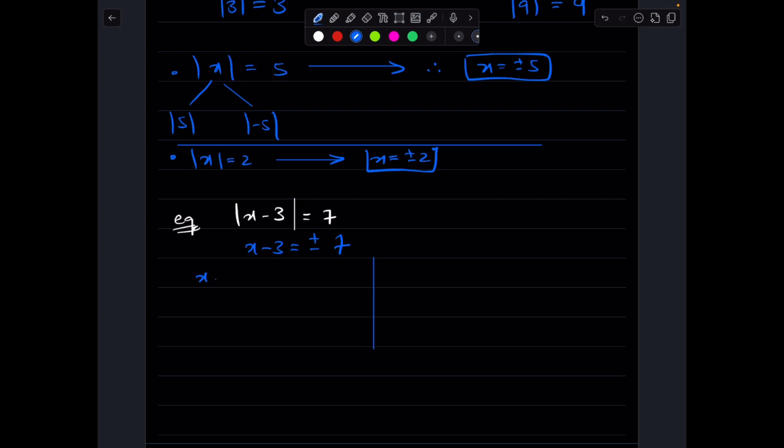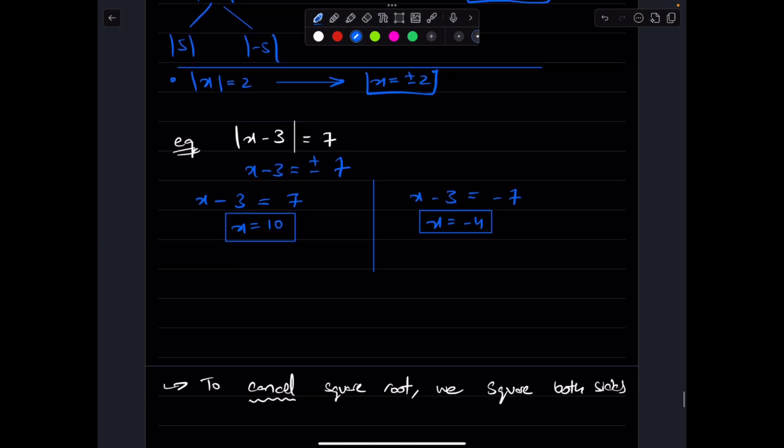The first equation will be x minus 3 equals 7, and the second equation will be x minus 3 equals minus 7. So the first equation will give me the value of x as 10, and solving the second equation will give me the value of x as minus 4. So both these values are the answer.